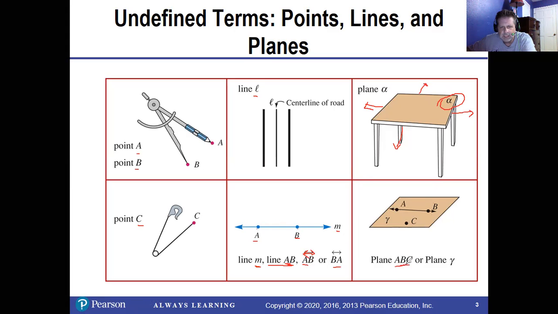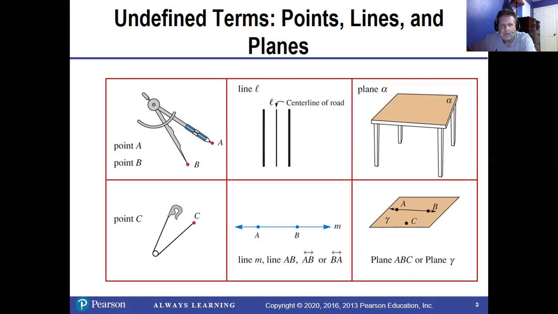This is plane ABC, or the Greek letter, whatever, alpha, gamma, whatever you want to use. But when we name a plane by A, B, C, those three points cannot be on the same line. Notice C is not on the line of AB. All of those have to actually apply.